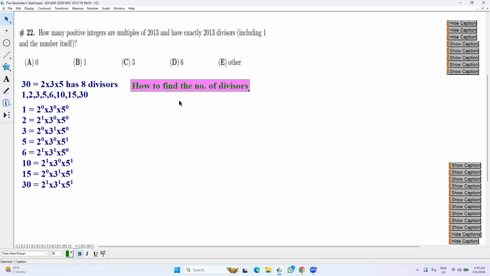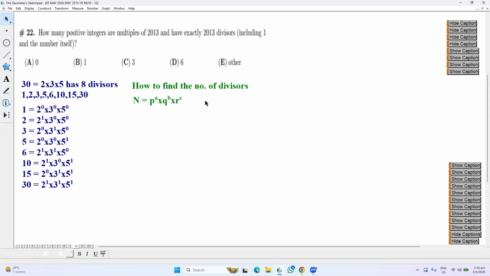So how do we find the number of divisors? We always look at the exponent. Suppose you have a number with prime factors p, q, r. When the exponent is 1, there are two ways, 0 or 1. When the exponent is a, let's say 3, then it's either 0, 1, 2, or 3: don't use it, p only, p square, or p cube.